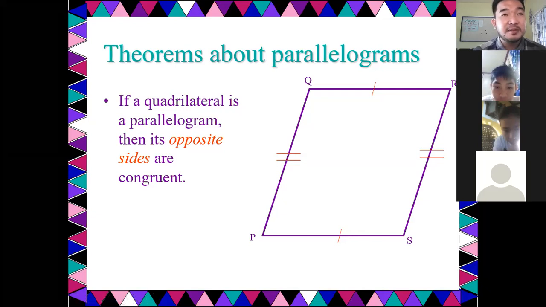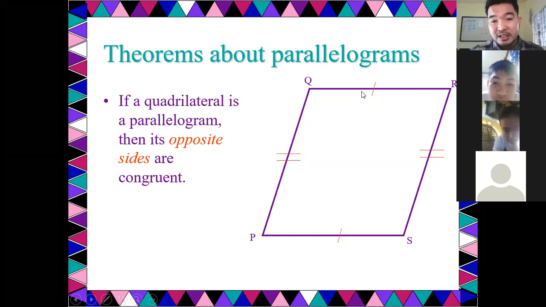Parallelogram, sabi natin before, it is a type of quadrilateral wherein we have two pairs of opposite sides which are parallel to one another and congruent. Sabi natin, if a quadrilateral is a parallelogram, then its opposite sides are congruent.